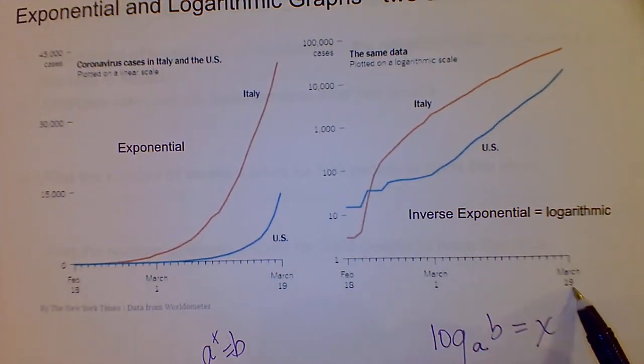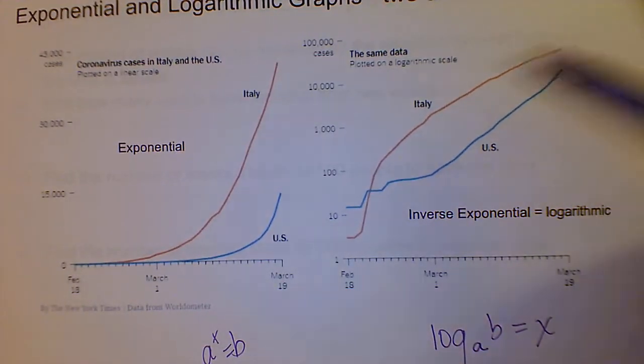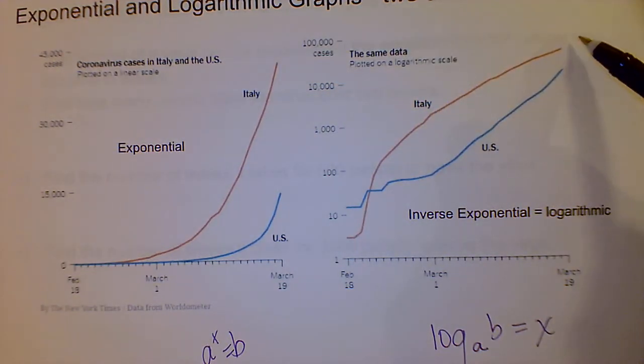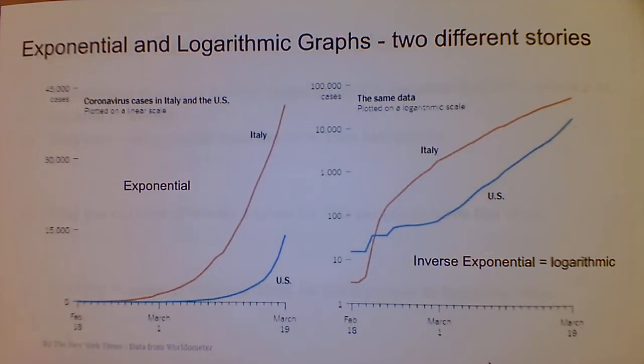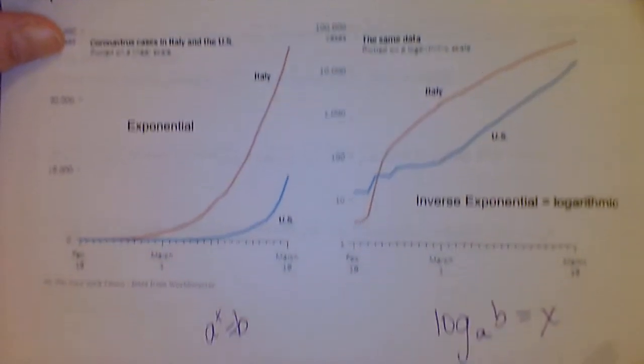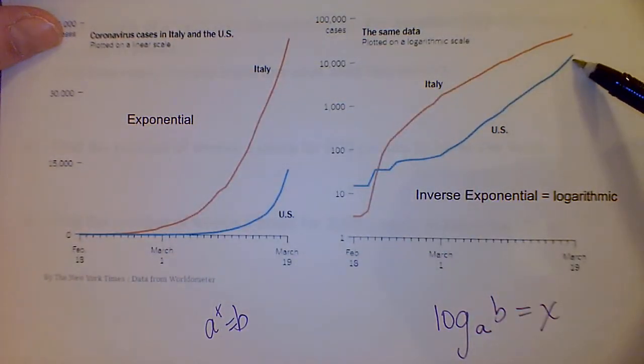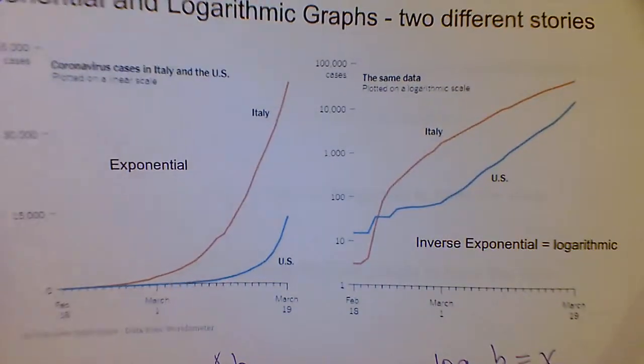Same dates. Look at what happens. It looks like they're so far away here, but based on our logarithmic functions, the US is catching up to Italy, and that was on March 19th. Exponent and logarithm graphs, two different stories. What happens with that transfer? You can definitely see we got actually closer than we thought.